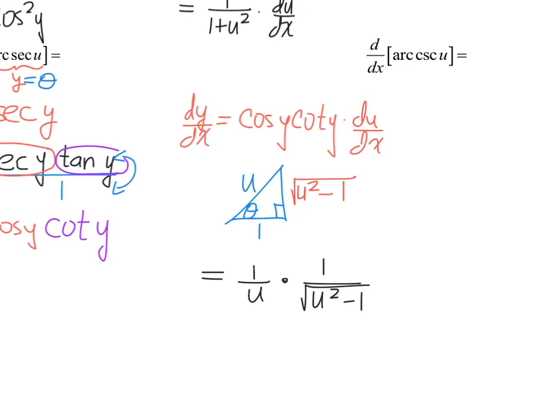Oh, I forgot my du dx. So 1 over u times the root of u squared minus 1, times du dx.